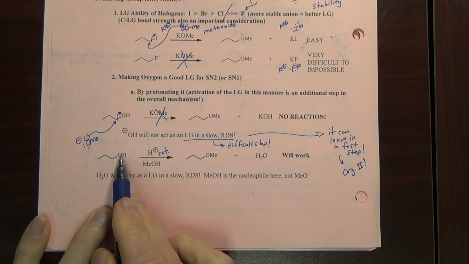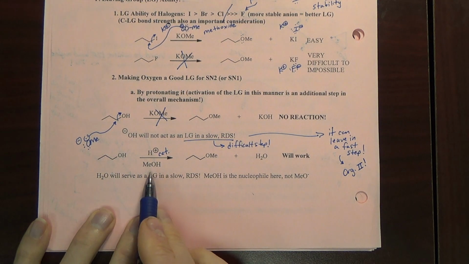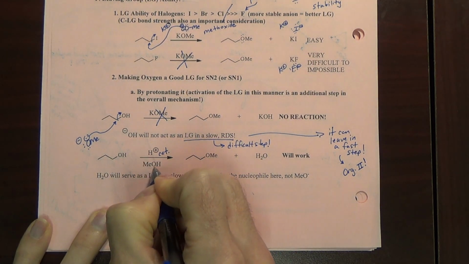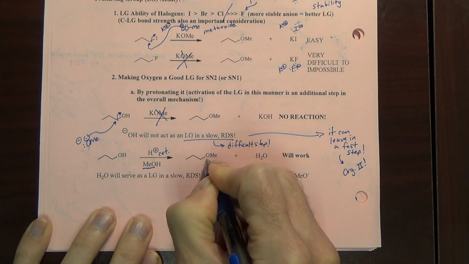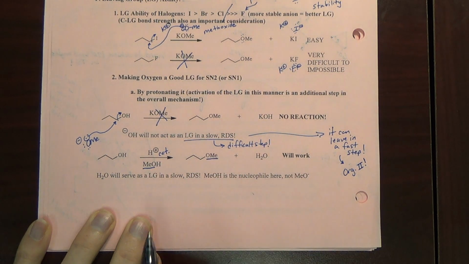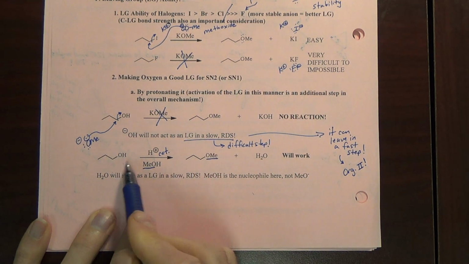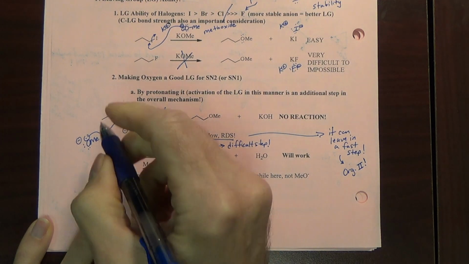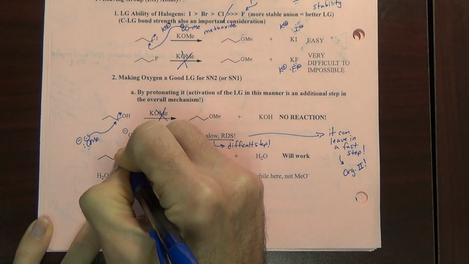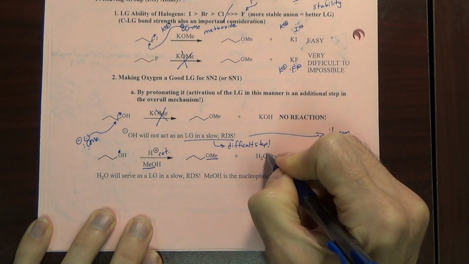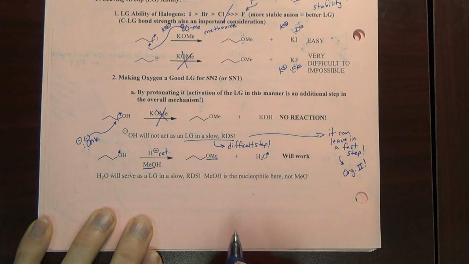And we can replace the OH with the OMe. All right? Now this oxygen is different. We didn't just add a methyl group to this oxygen. We have replaced it. If we star that oxygen, this oxygen over here is now starred.